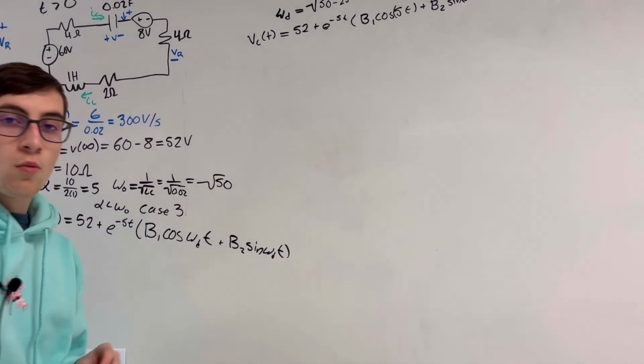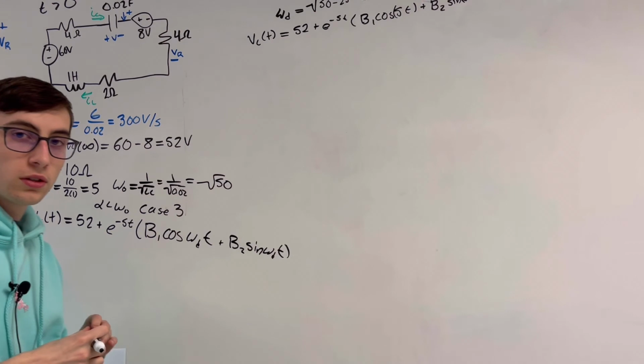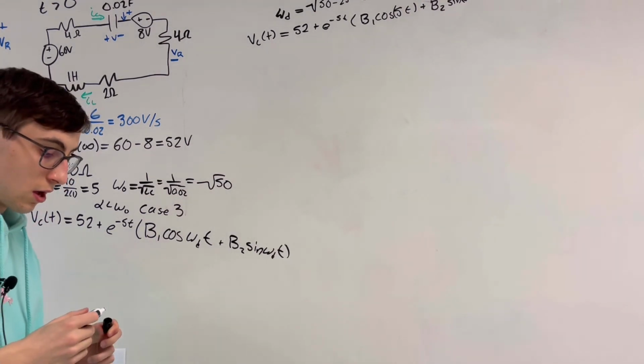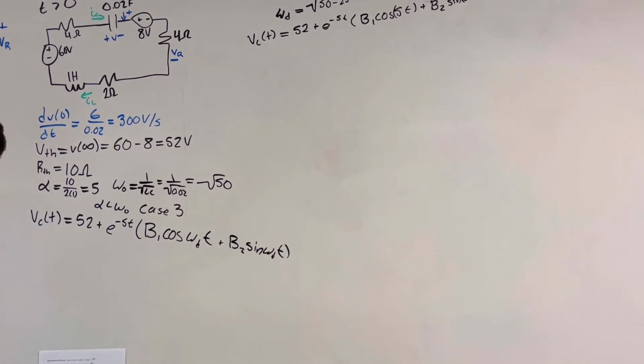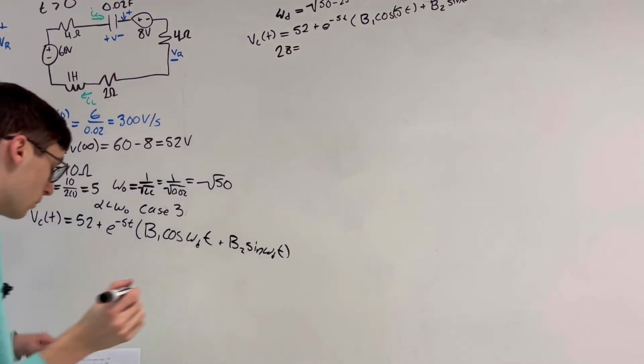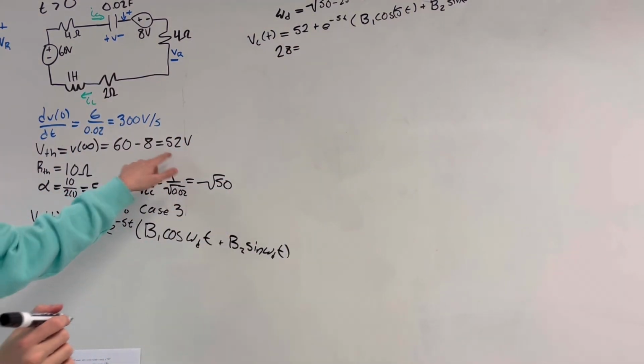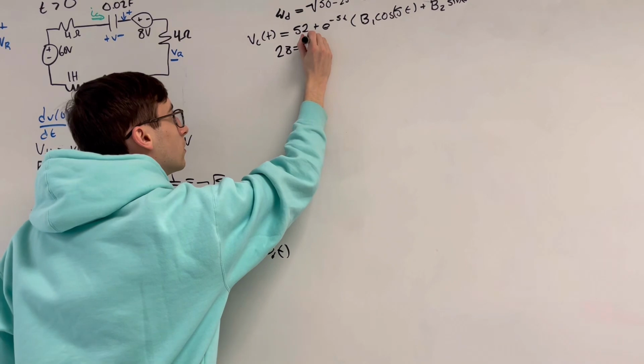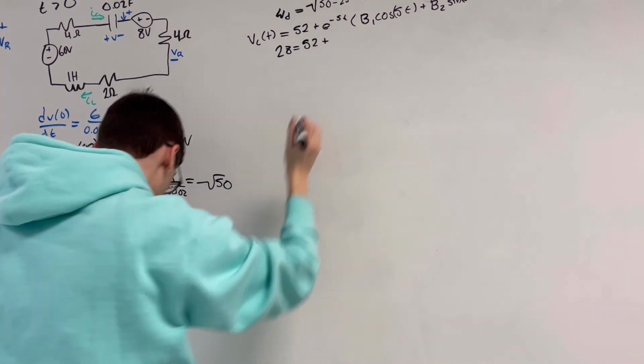And now what we want to do is use our initial conditions in order to find b1 and b2. So from our formula sheet, it says that v of 0, which we solved way back was 28, is going to be equal to v infinity, which we know is 52, plus b1.